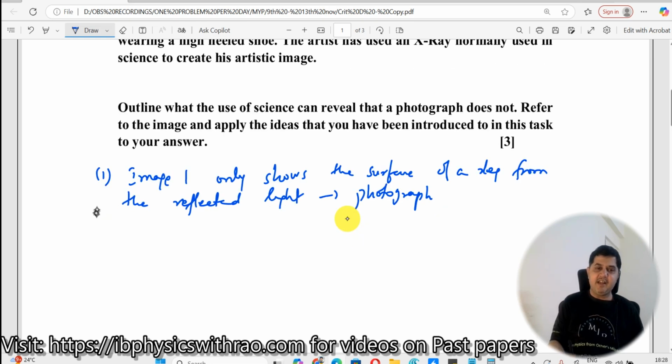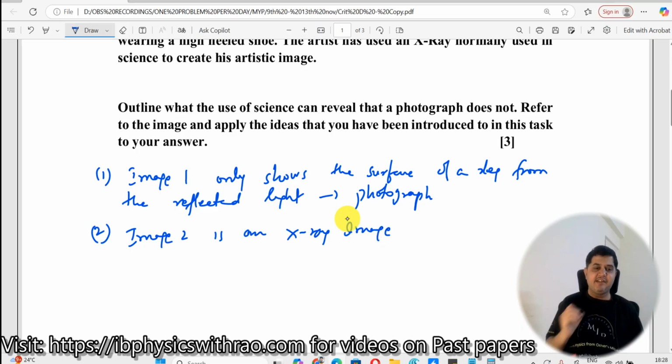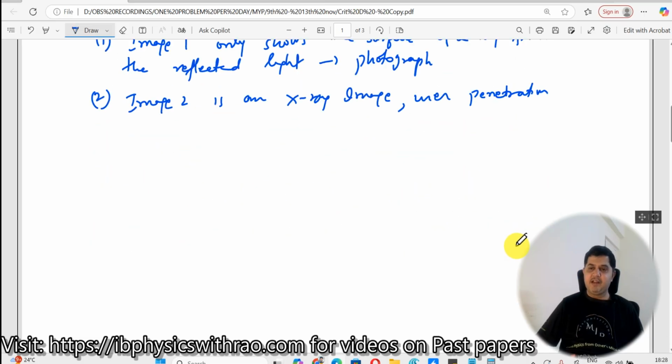What amount of light gets reflected, based on it, you get a better photo. Right. The second point, we'll write: the image 2 is the X-ray image. We have already been given that. You will not get any marks just for writing it's an X-ray image. But you should say how it works. It uses penetration. There's a penetration of the rays that happens over here.